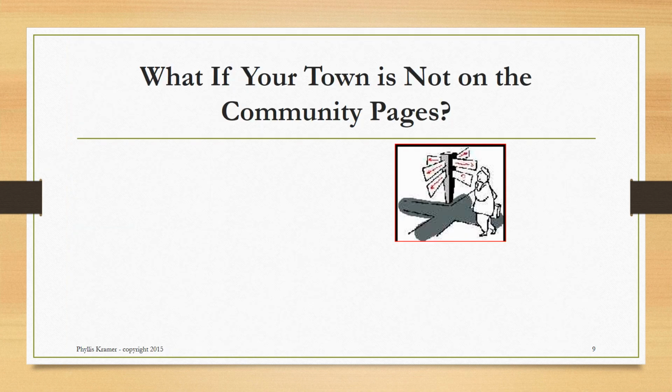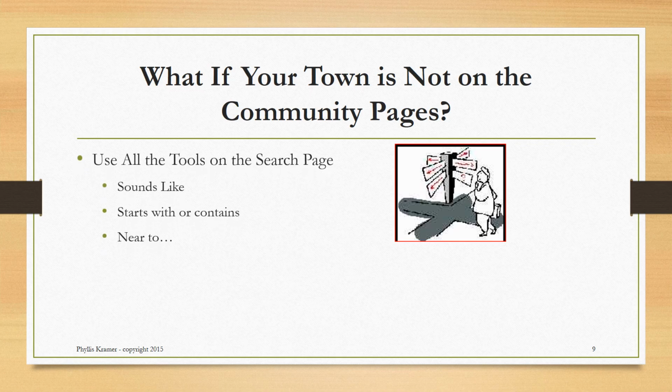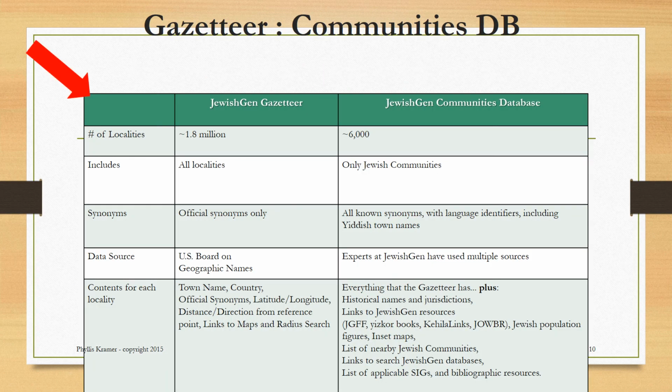If you don't find your town on the community pages, even though you've used all the search tools, then try the Gazetteer. Here's the difference. The Gazetteer has every town in Eastern Europe, almost 2 million of them, whereas the Communities database has just Jewish communities that had a significant Jewish presence around 1900.